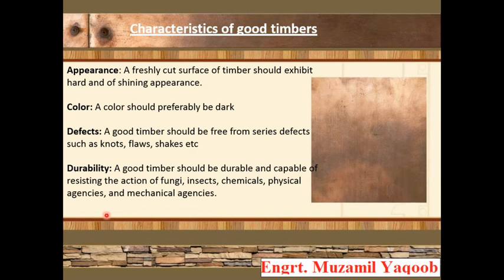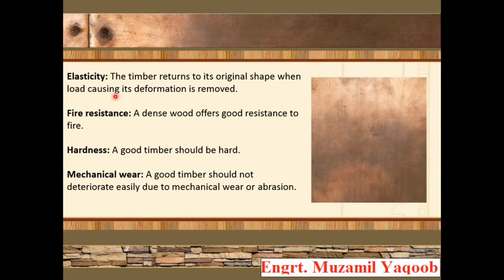Let's discuss some other qualities as well. Elasticity, this is very important. The timber returns to its original shape when the load causing its deformation is removed. For example, you put a load on the wood and it deforms a bit, and when you remove the load, it should return to its original shape.